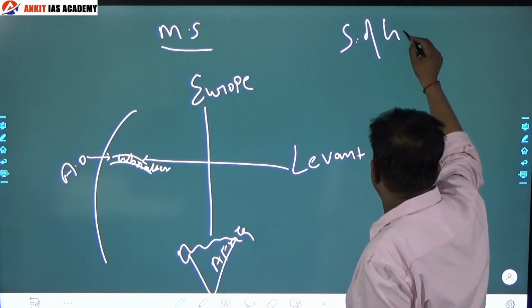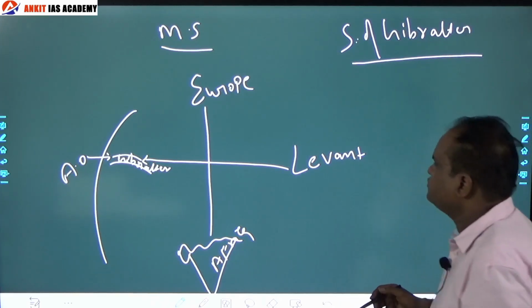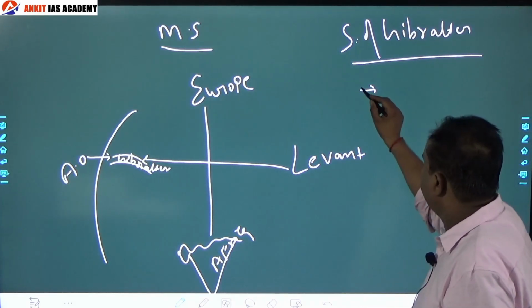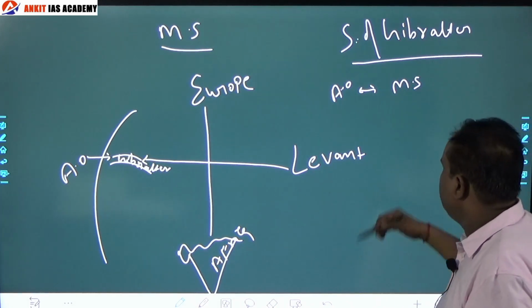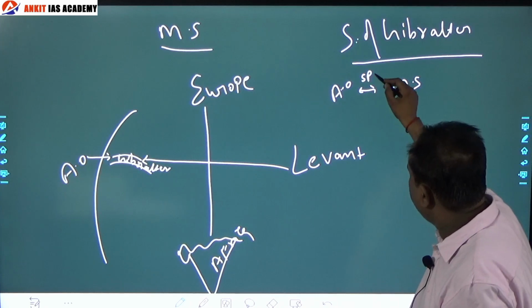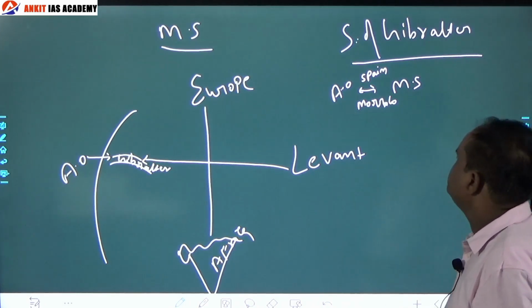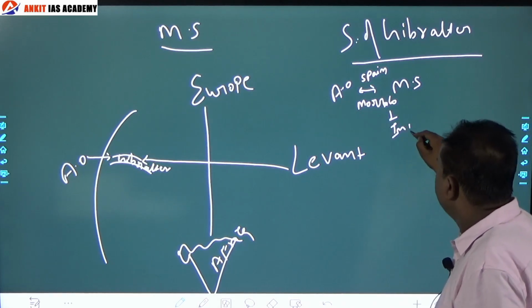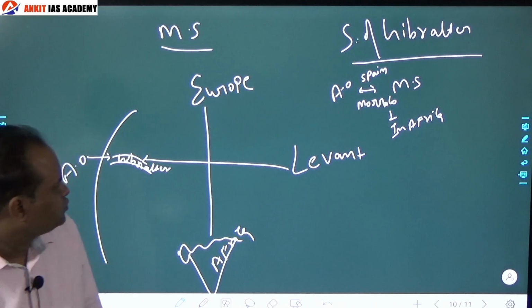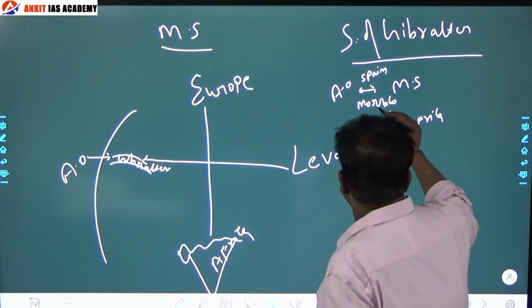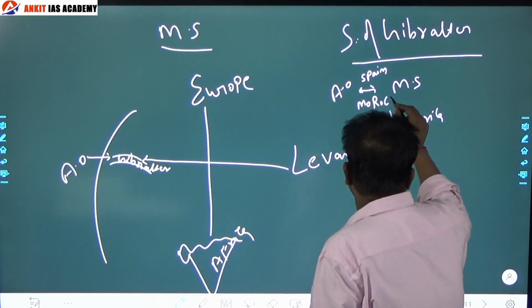The Strait of Gibraltar connects Atlantic Ocean and Mediterranean Sea, and it is located between Spain and Morocco.